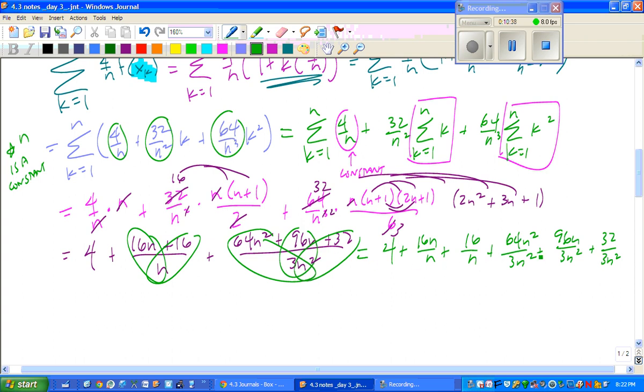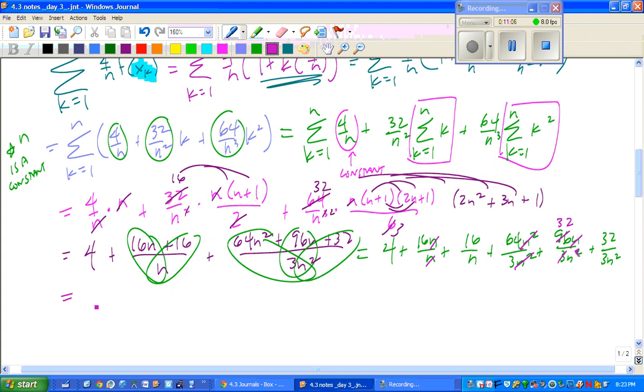Now, you may not need to write all of this out every time, but just to let you visualize and see what I did, we can go ahead and simplify that. Here, the n's cancel out. Here, n squareds cancel out. One of the n's with this one, and we can simplify the 96 over 3, so we end up getting 32.